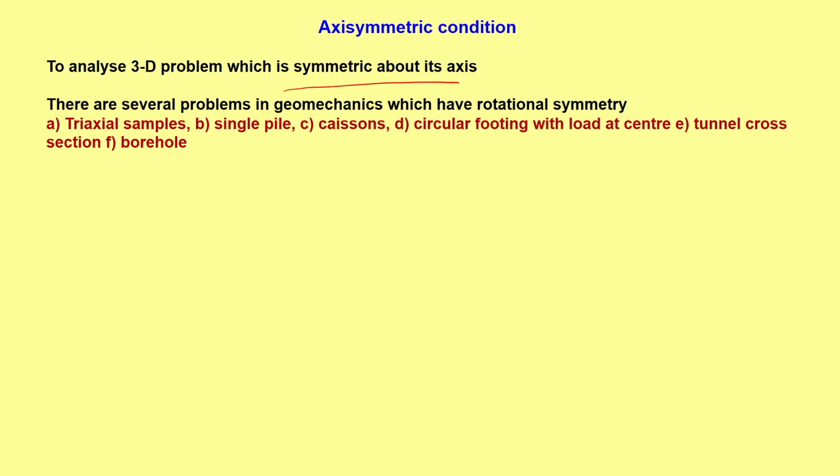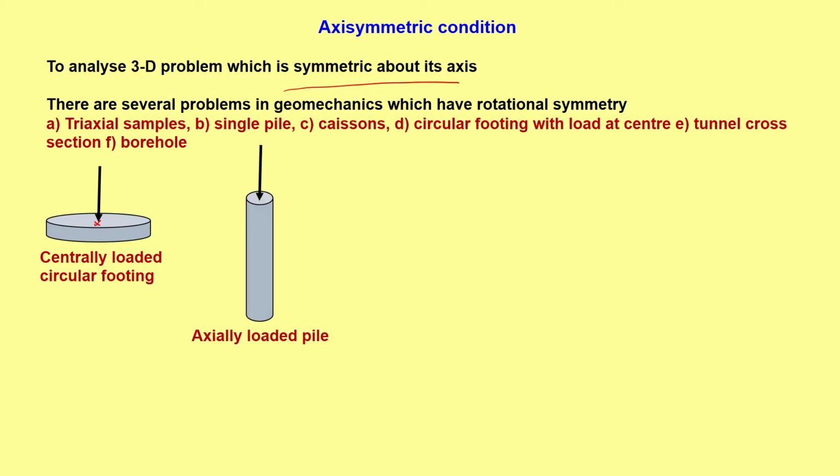Then we have single piles, axially loaded single piles, caissons, circular footing with load acting at the center, tunnel cross section and borehole. This is what it is. So, along this direction, if you consider this acting at the center, along this axis it is an axis of symmetry.